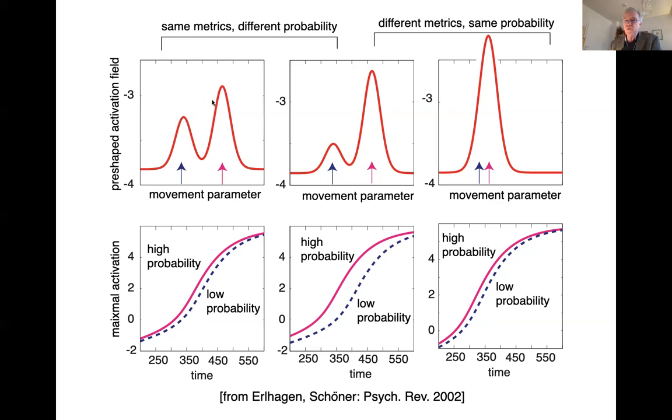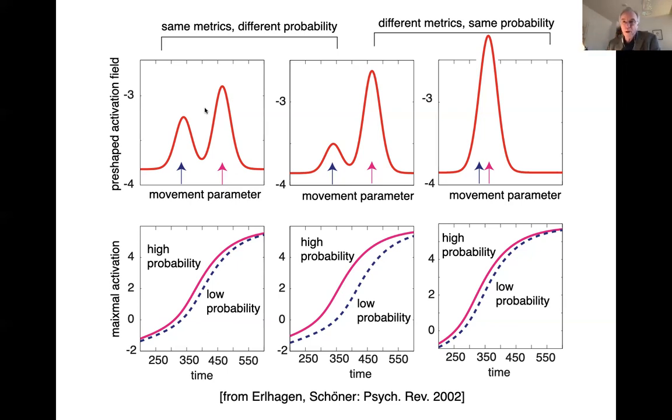This distance would be the difference in probability. And so you see more difference in probability and less difference in probability. In experiments, you vary the probability by having one of those targets appear on many more trials than the other one. So statistically speaking, the frequency of the target across trials is higher for one than for the other. And that difference in probability you can make large or less large.